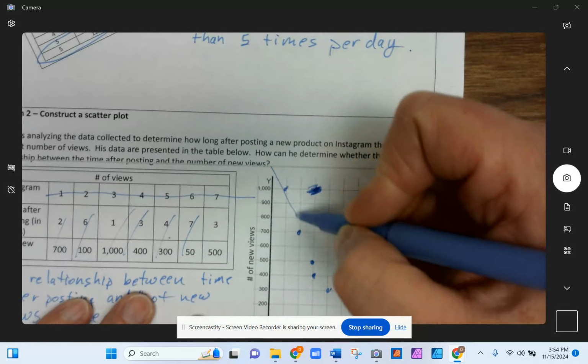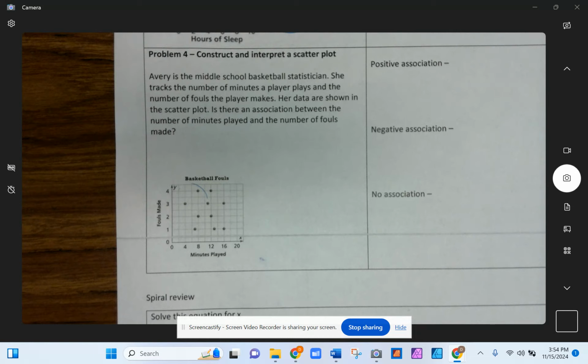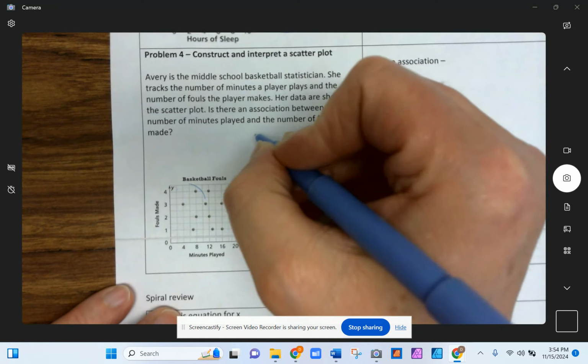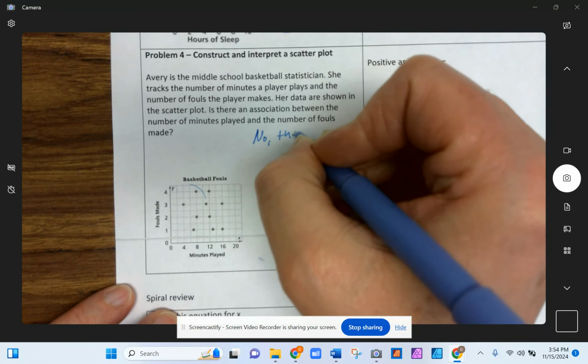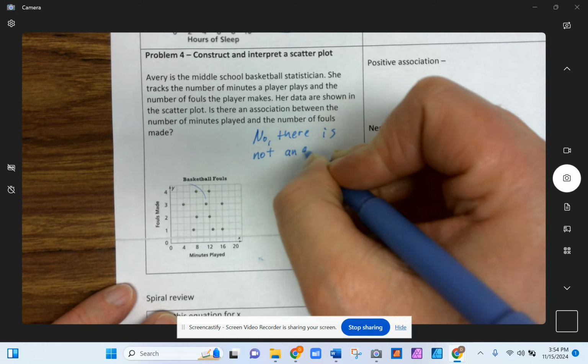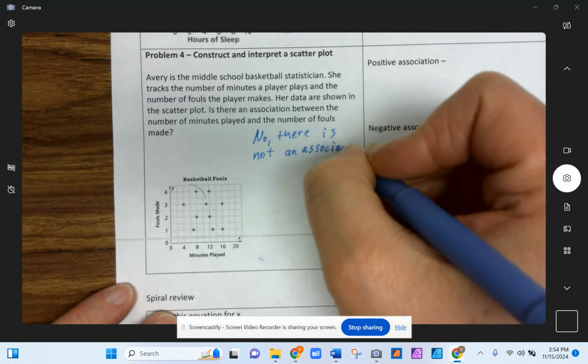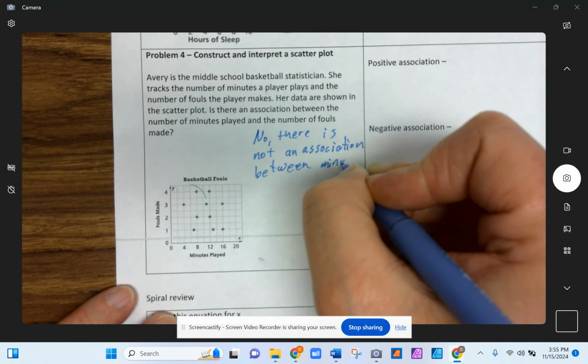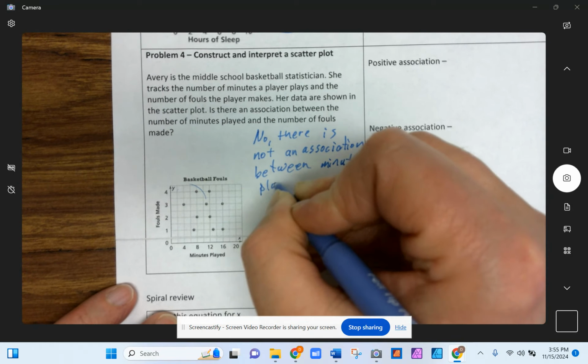So is there an association between the number of minutes played and the number of fouls made? Not really, okay? So we'd say no, there is not an association, not a relationship, you could think about it like that, between minutes played and fouls made.